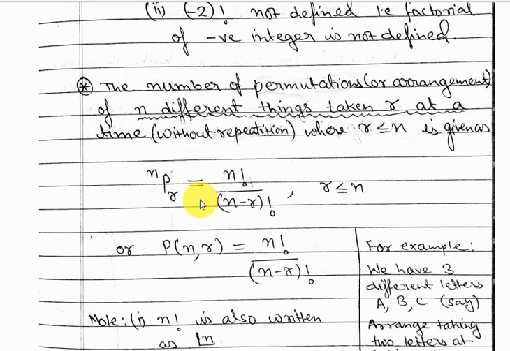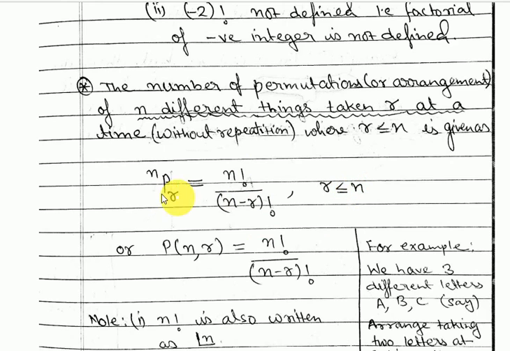So if you have got n different things and out of those you are taking r at a time, you are going to arrange r at a time, and you make sure that you are not repeating any of these objects, then you can use this formula nPr. nPr is given as factorial n upon factorial n minus r, where r is less than or equal to n.